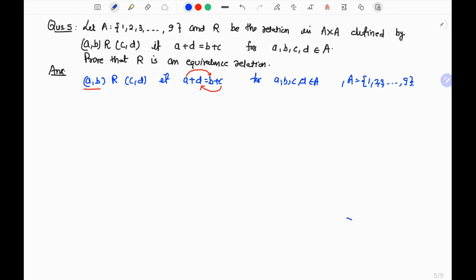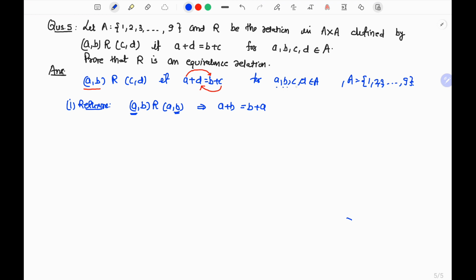For a relation to be an equivalence relation, it will be reflexive, symmetric as well as transitive, so we have to check if it is reflexive, symmetric and transitive. For a reflexive relation, an element should be related with itself. So if we take element (a, b), it should be related with itself (a, b). This implies that as per the given expression, a plus b should equal b plus a.